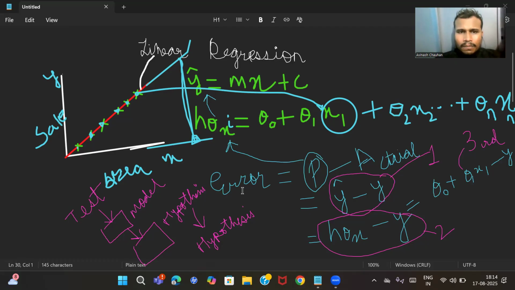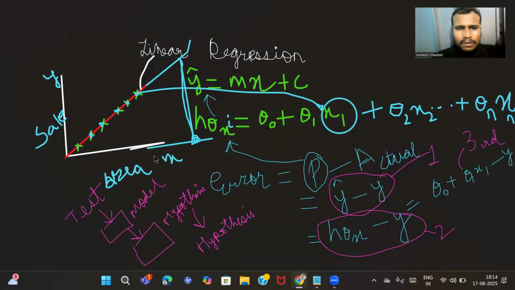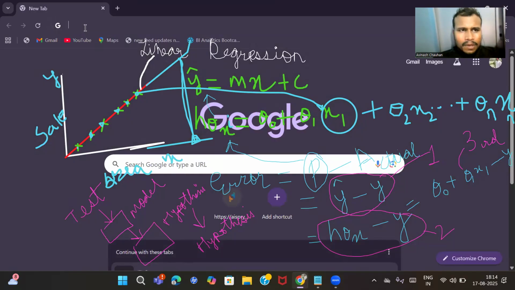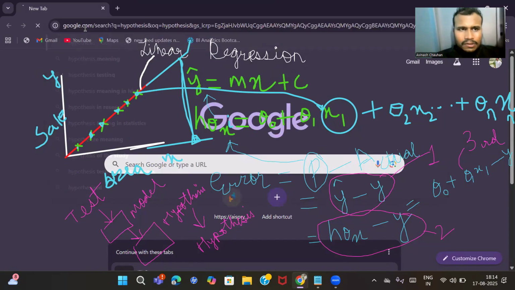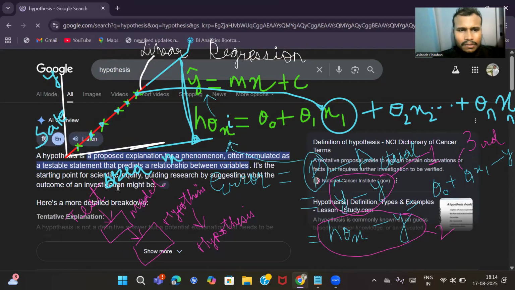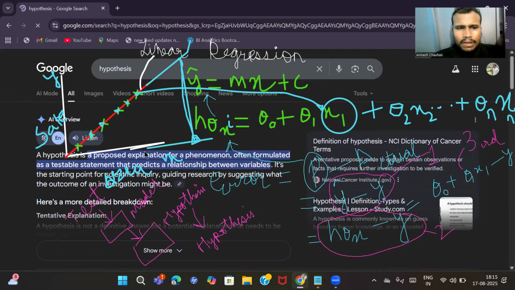So in generic terms, if I open it here and write hypothesis, right? A hypothesis is the proposed explanation for a phenomenon, often formulated as a testable statement that predicts relationships between variables.